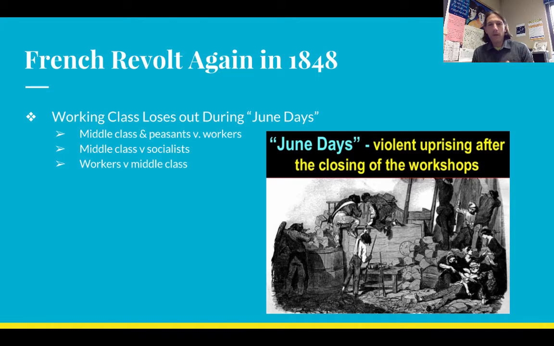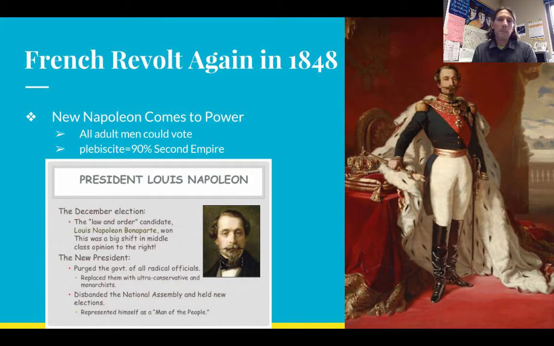Well, the middle class resented using their wealth to pay for these workshops and the taxes that were associated with it. The peasants were afraid that the workers wanted to create a socialist system where they would take the farmers' lands and the peasants would be thrown off. And so what you get is these groups, these factions splitting apart and fighting against each other. And that's what happens in the June days.